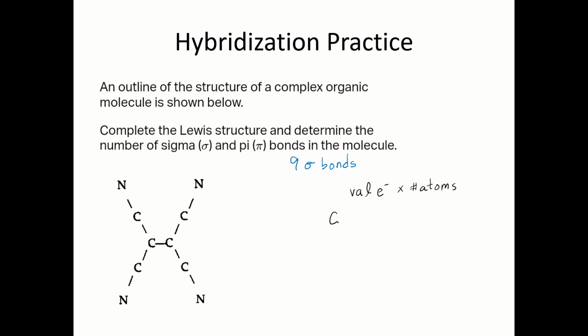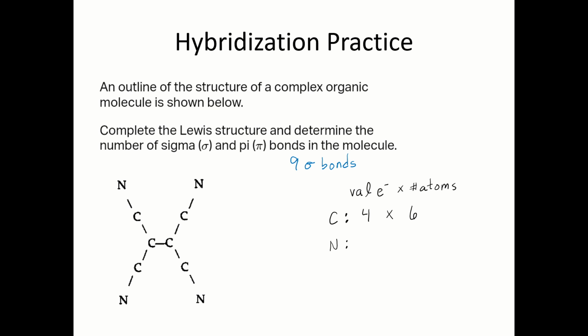In this structure, we only see carbons and nitrogens. Carbon, from the periodic table, is in group 4A, so it has 4 valence electrons. If we count up the number of carbon atoms in this structure, we've got 2, 4, 6. 6 atoms in the structure.